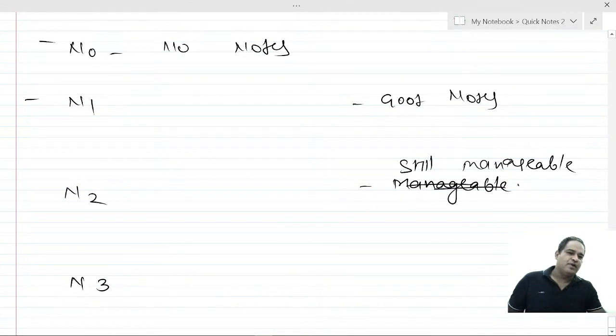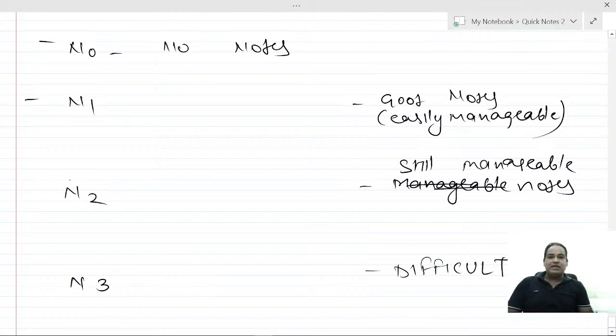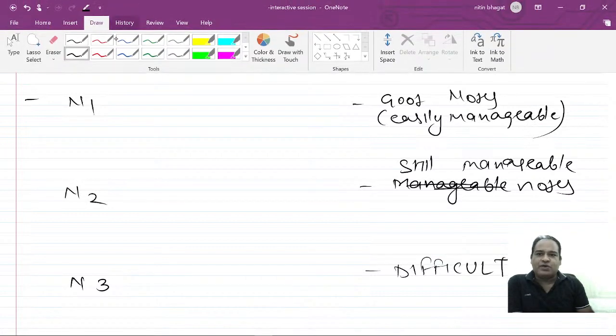N2 is still manageable. N3 is difficult to manage.